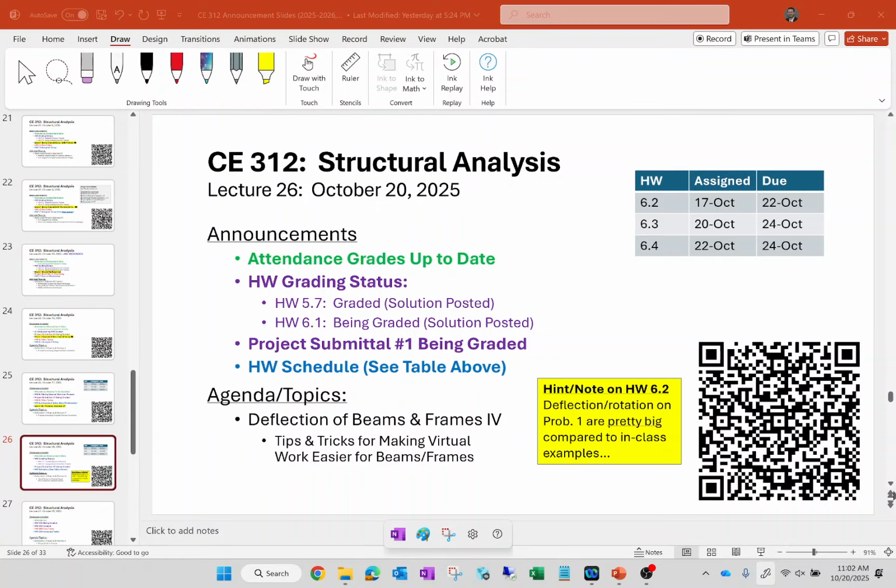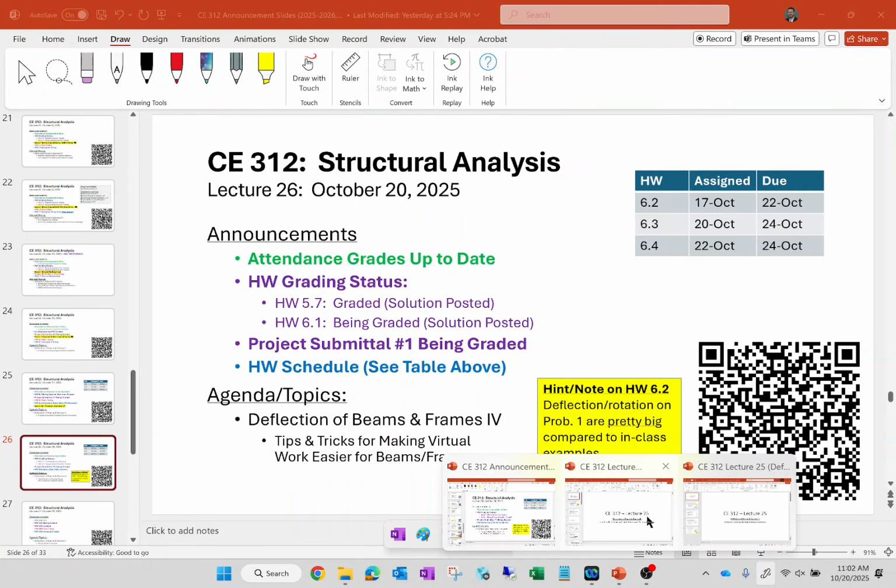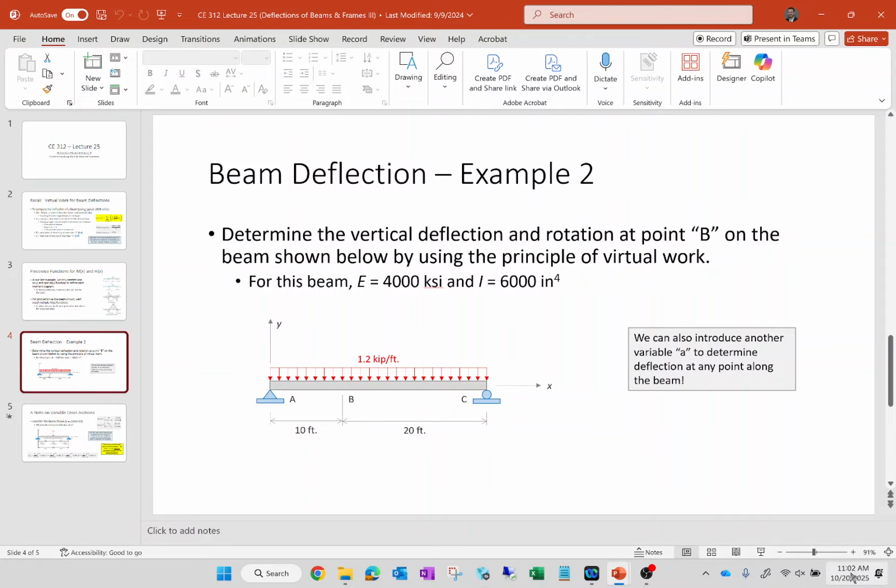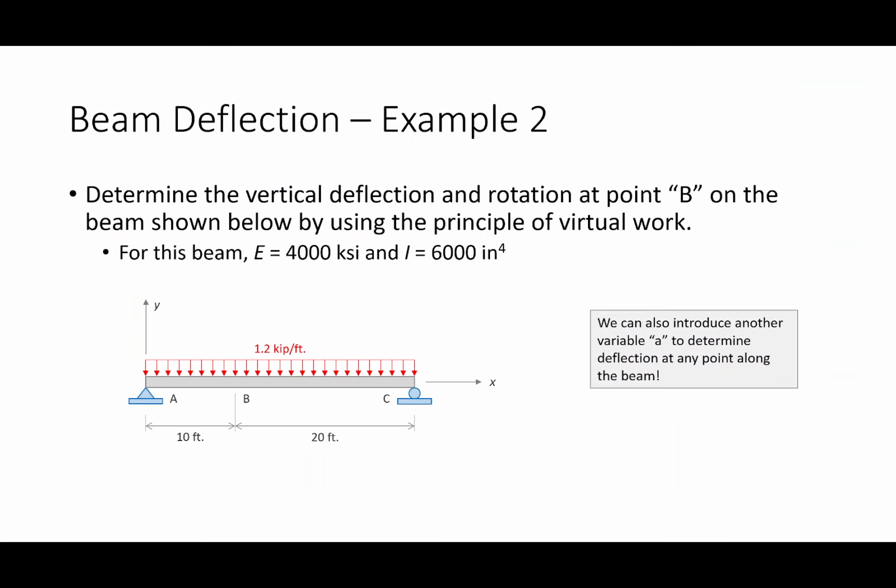I did want to mention something about the example that we did in class last time, and I've got something drawn on the board. This is a quick schematic of the problem. It's 1.2 kips per foot, and what we were trying to do was determine deformations at this point B. We just picked point B for the purposes of the problem.